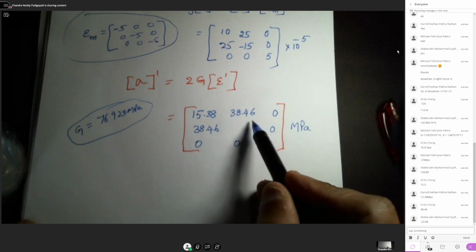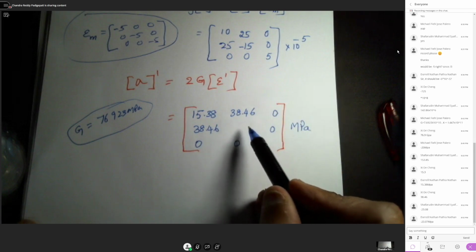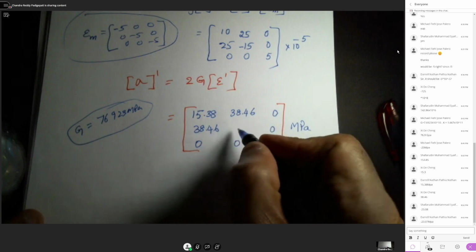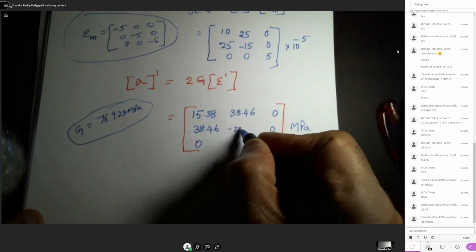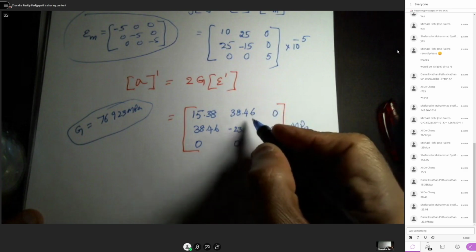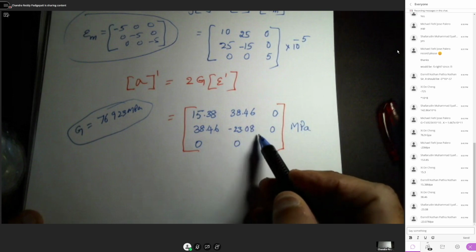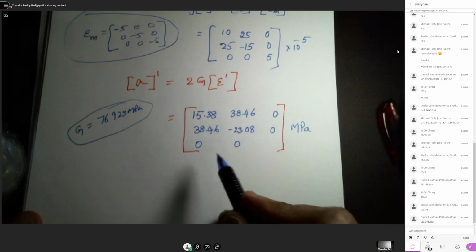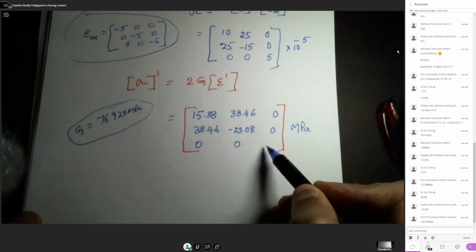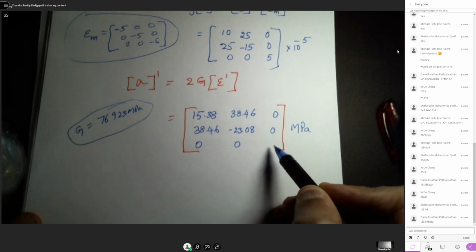So can you calculate this value? That's correct, negative 23.08. Safaruddin is giving the second one. I got it, minus 23.08. That's correct. So then calculate the last one. Daryl, your value also correct.